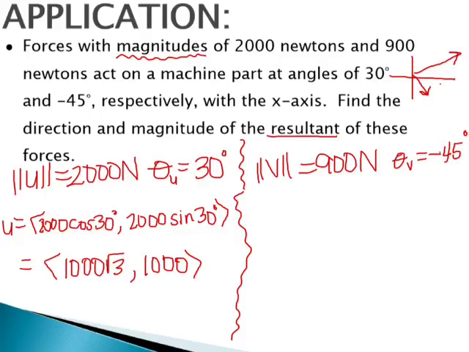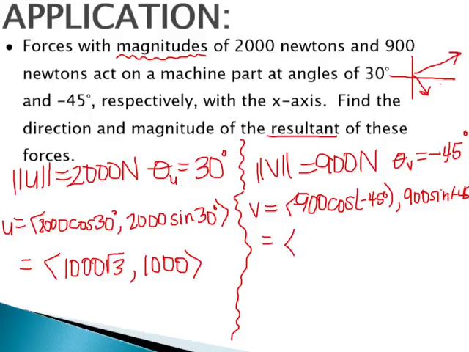So there's vector u. For vector v, we are going to take 900 times the cosine of negative 45 degrees for our horizontal component and 900 times the sine of negative 45 degrees for our vertical component. Sorry, I kind of ran out of room there. For negative 45 degrees, the cosine of that angle is a positive radical 2 over 2.